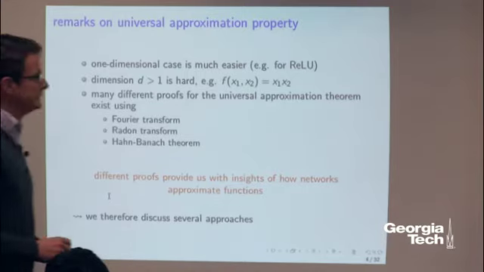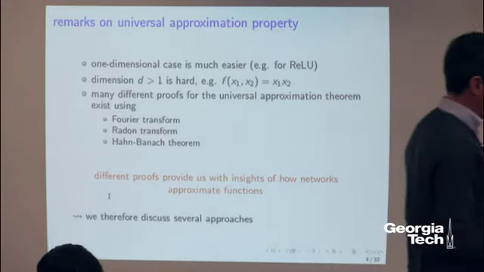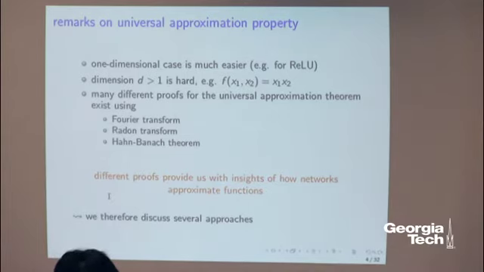First of all, what you should see is that the one-dimensional case is much easier. If you think about shallow networks in one dimension, then this is just a number as well, and we have these sigmas here.